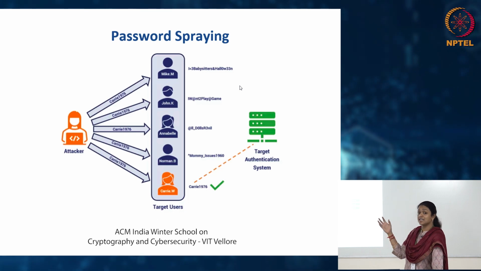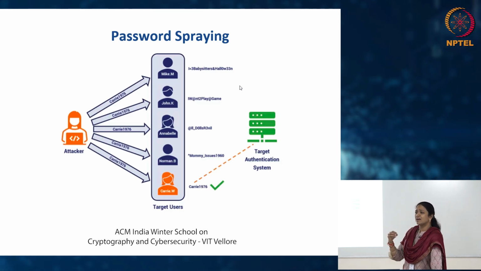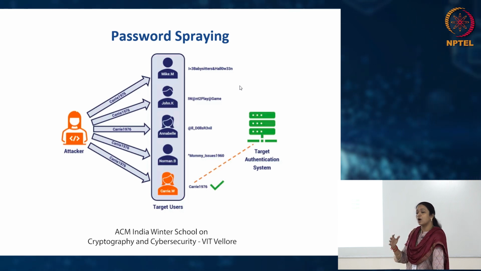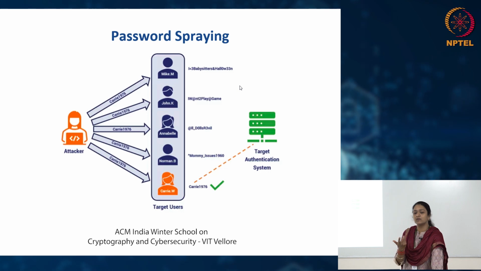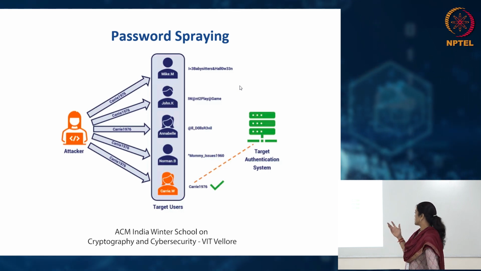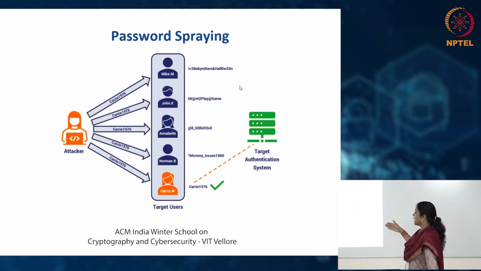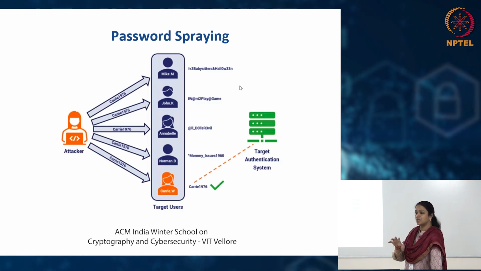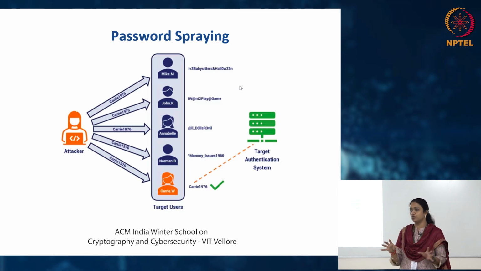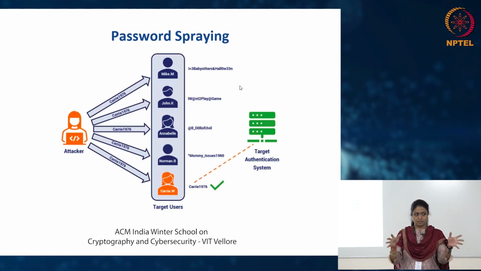He will choose a bunch of people randomly and try a common password. Imagine he is targeting thousands of people; at least one account will get compromised, right? That is password spraying. Any one target user will get compromised, without any particular motivation, they just want to get in.